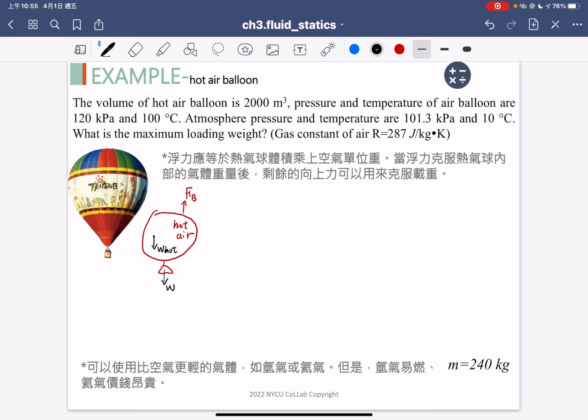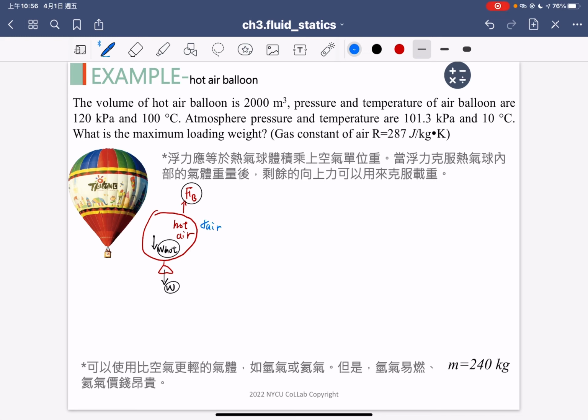Okay, so for this question, there are three important things: the first one is the people's weight, the second one is the weight from the hot air, and how large a buoyant force can we have. So we need to understand that some important parameter is the gamma air, right?